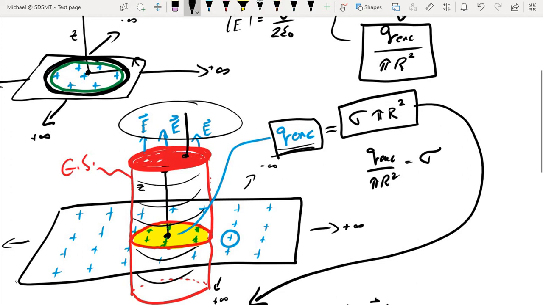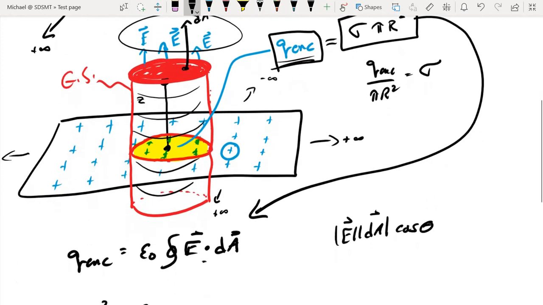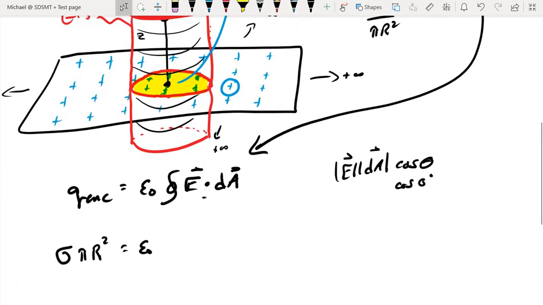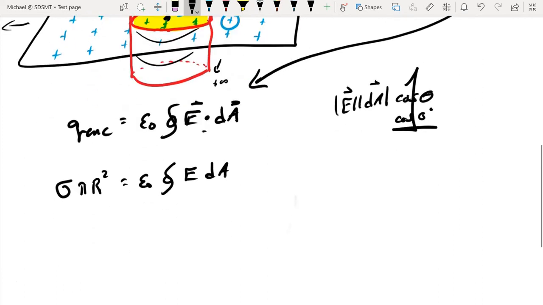And it is also facing up. That means we have a 0-degree relationship between our vectors. And so cosine of 0 just becomes 1. We now have the integral of E dA. E can now be brought out front.